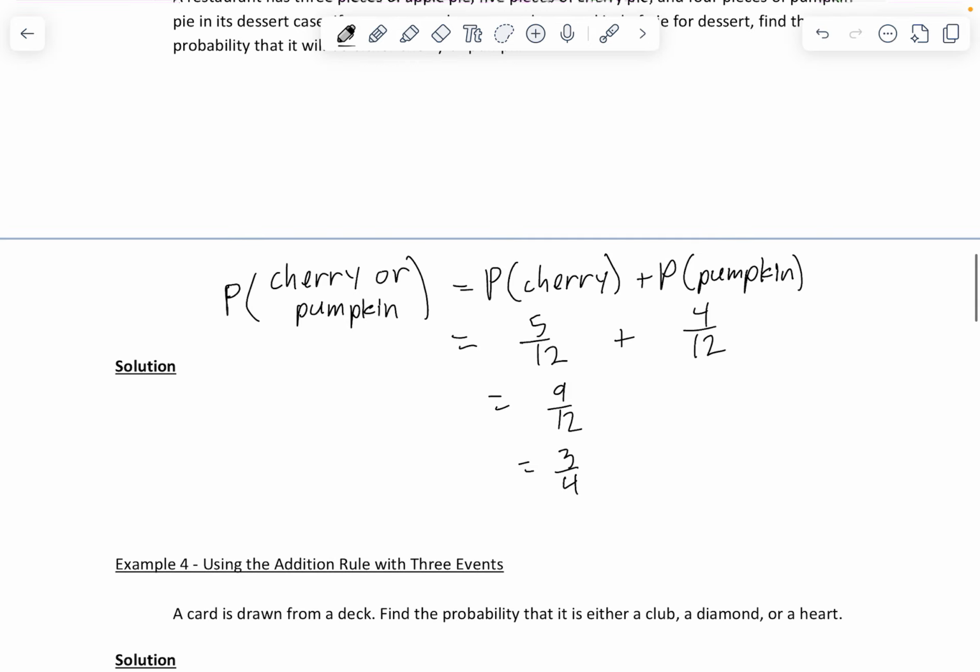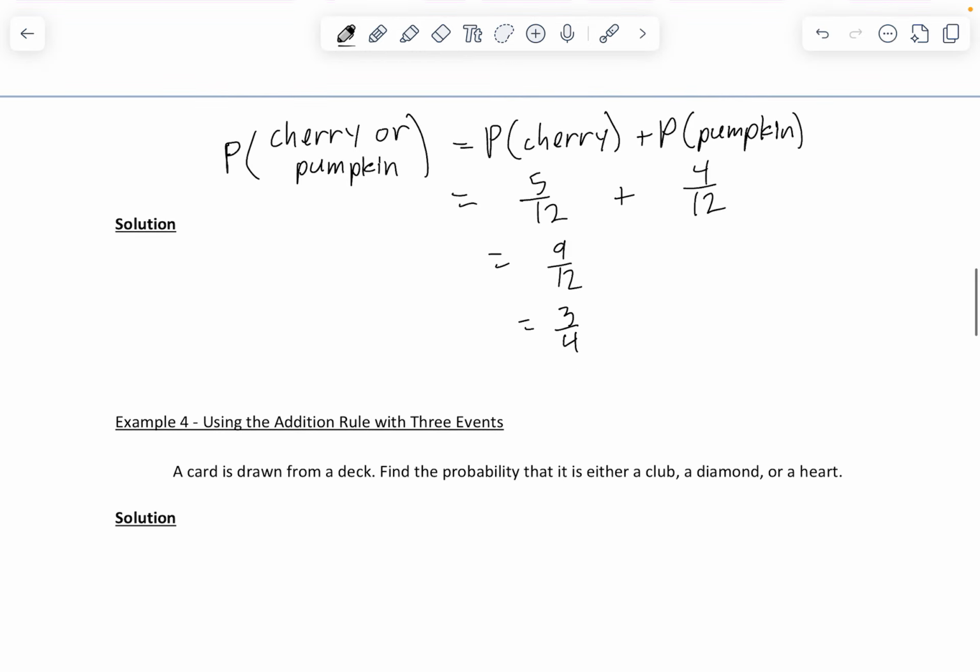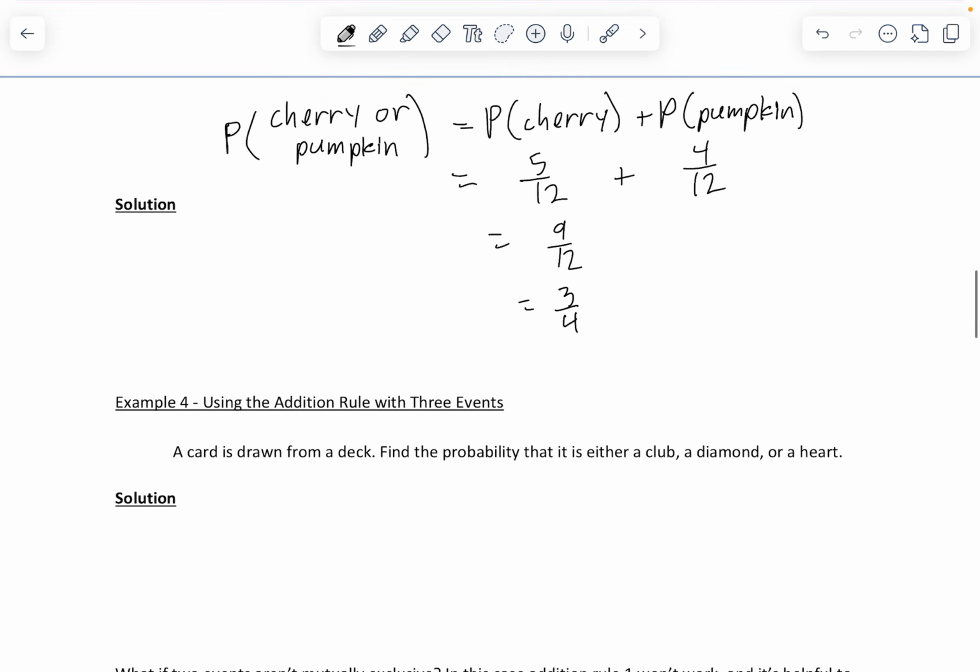The addition rule can also apply to more than 2 events. In example 4, we will look at an example that involves 3 events. A card is drawn from a deck. Find the probability that it is either a club, a diamond, or a heart.